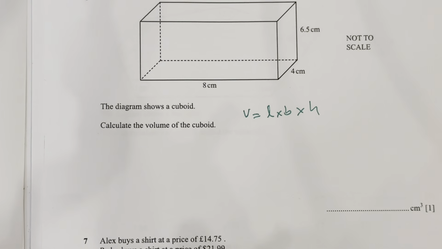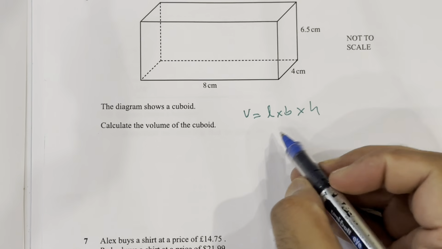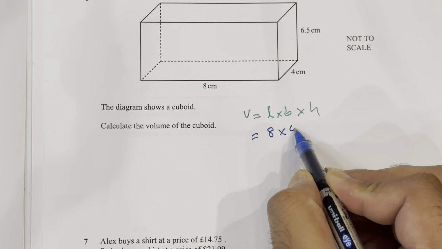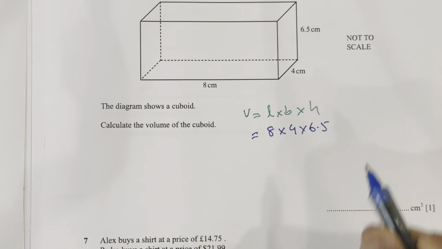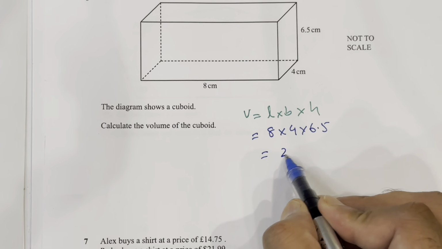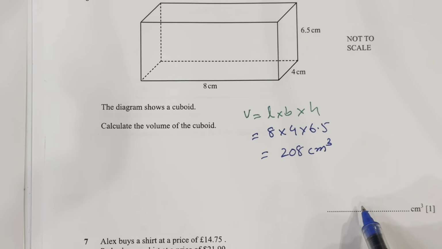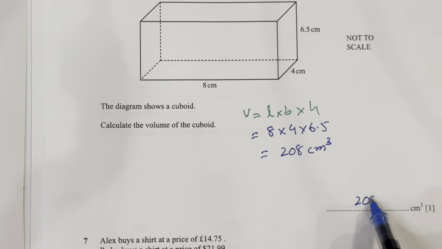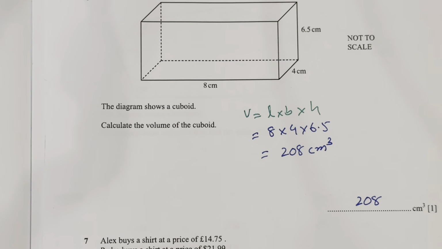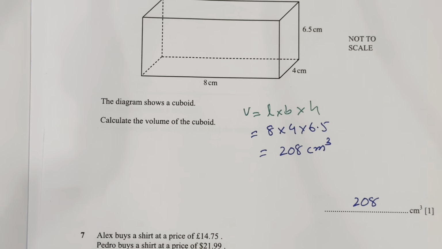You can use any dimension over here, the answer will be the same: 8 times 4 times 6.5. After multiplying, it would be 208 cm cubed. So the answer here would be 208 cm cubed. This was an easy question of 1 mark. Now we will move to the next question.